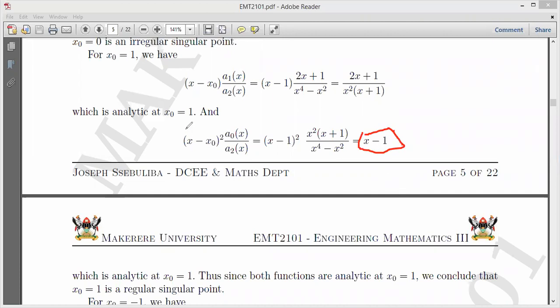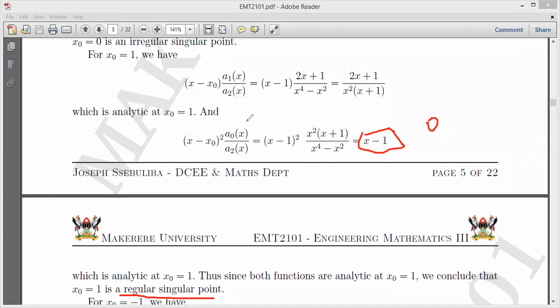And when you end up with this, remember it is at x not equal to 1. Since it is at x not equal to 1, when you substitute 1 here, this will give you 0. But having 0, that is still defined. And since this is defined, the second one, and this one was also defined, we conclude that that one will be a regular singular point. The other one, one of them was non-analytic, and we concluded that it was an irregular singular point.